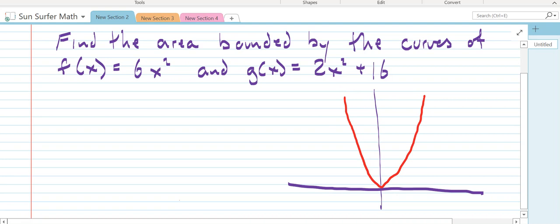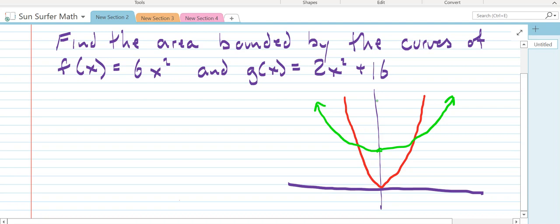And then 2x squared plus 16 will have its y-intercept up here. Let's put 16 right there. And because the 2 is a smaller number than the 6, it's going to be a little bit wider and fatter. So I'm going to exaggerate it just to make it look something like this. So there are my two parabolas.